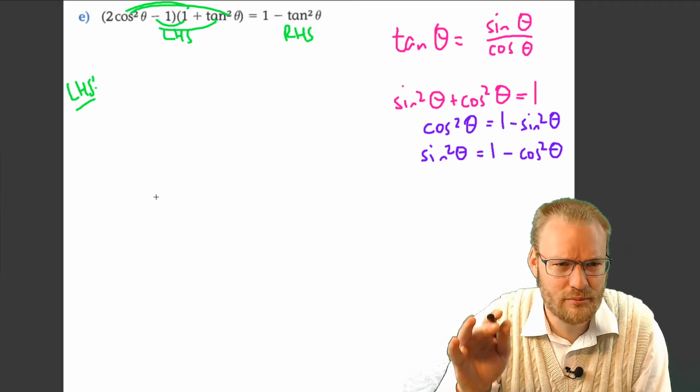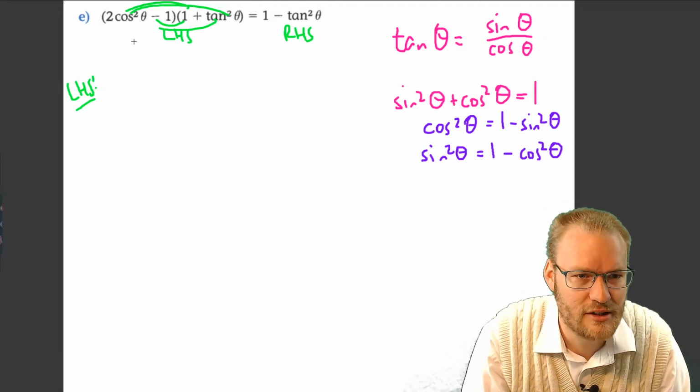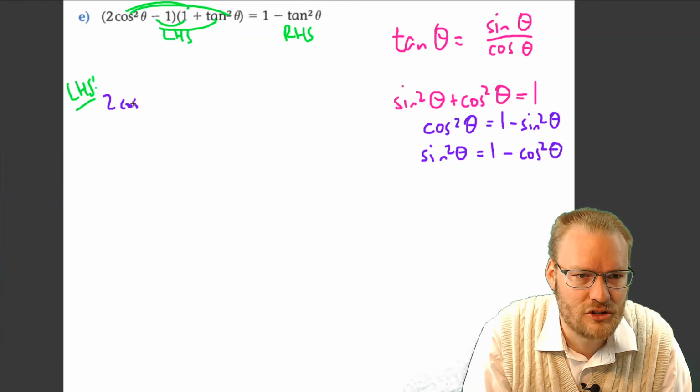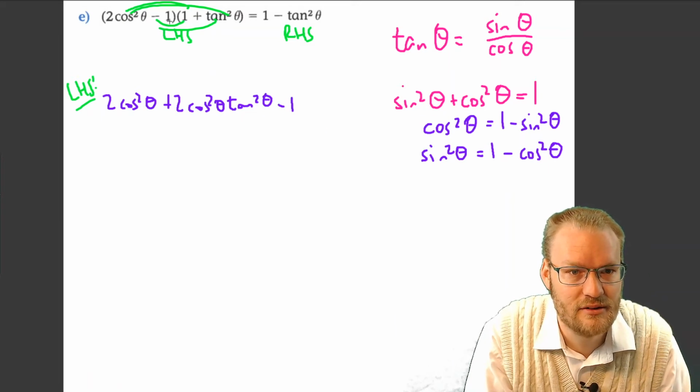So hopefully you pause, give it a go, and then check how you do it. I'm just going to do that in the background. 2 cos squared theta times 1 is 2 cos squared theta. Multiplying these is plus 2 cos squared theta tan squared theta. Minus 1 times 1, minus 1.